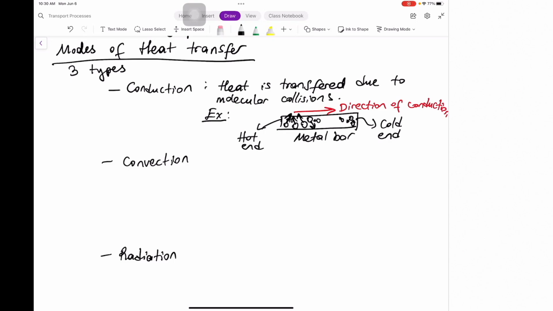So you're going to see the speed of the slower molecules increase with time. That's why the heat is being transferred from left to right. Basically, the cold ones are getting hotter and the hot ones are getting colder by the molecular collisions. So if the mechanism is molecular collisions, we call it conduction. Okay.